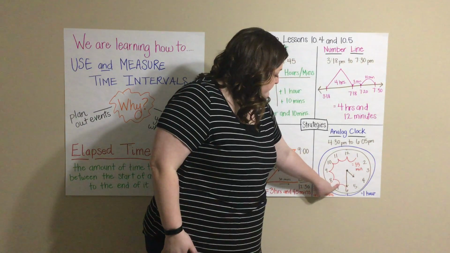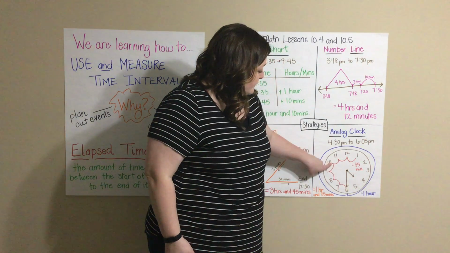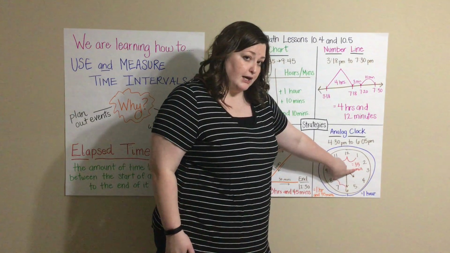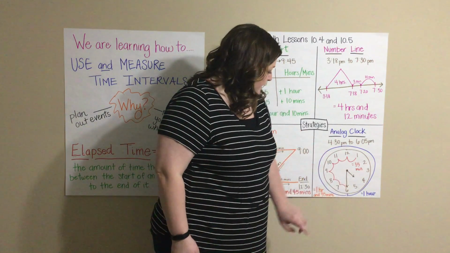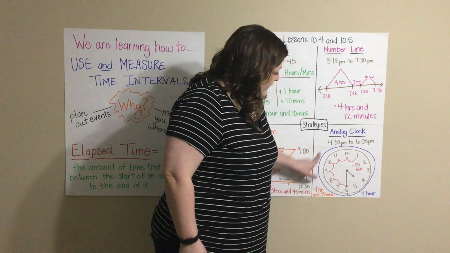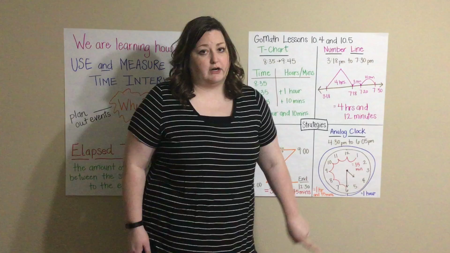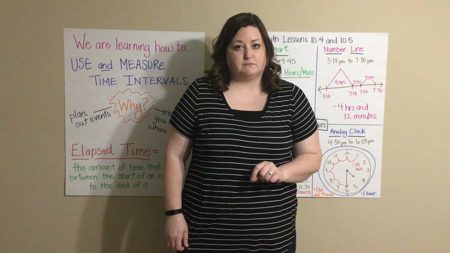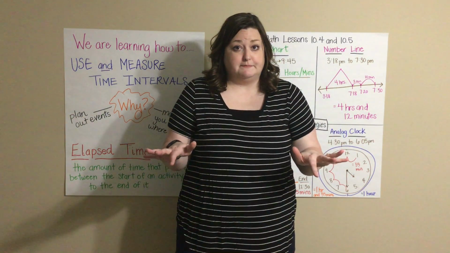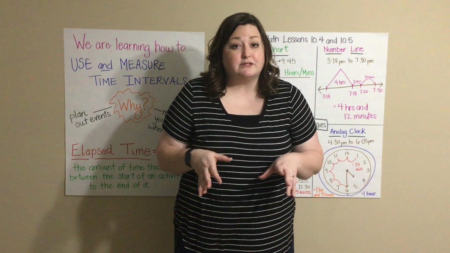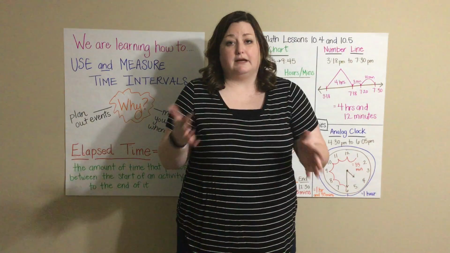All right, so that's 5, 10, 15, 20, 25, 30, 35. Remember, jot down every time you count something. So then I add up that 1 hour plus the 35 minutes for an hour and 35 minutes of elapsed time.